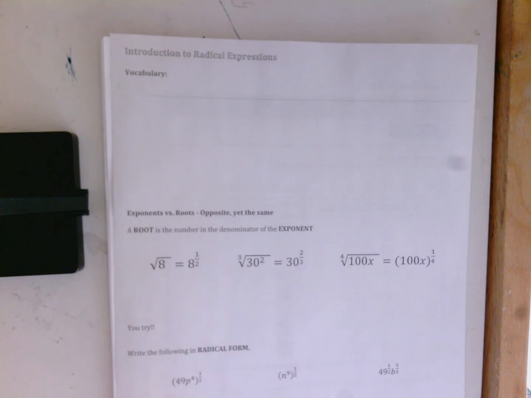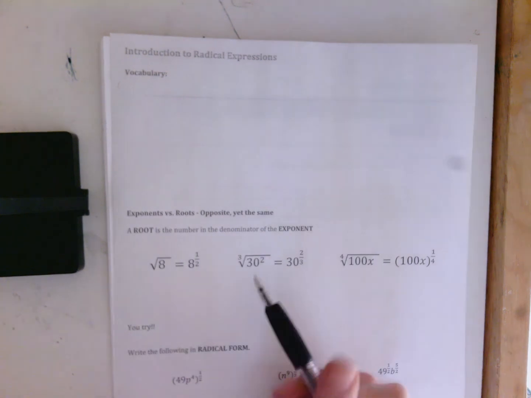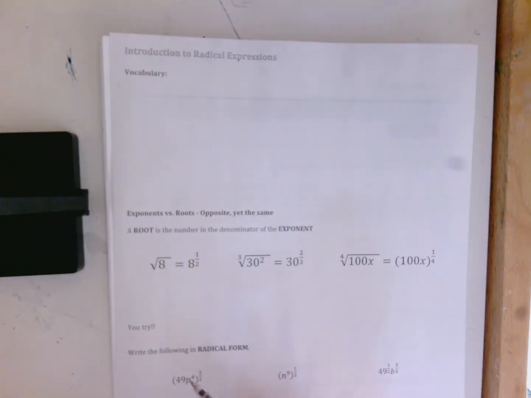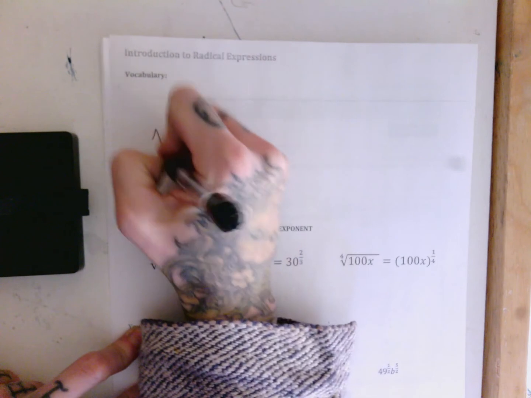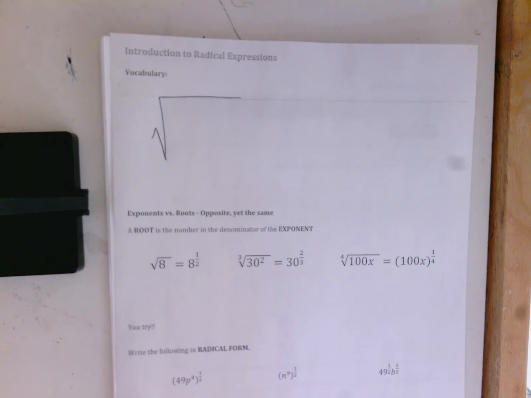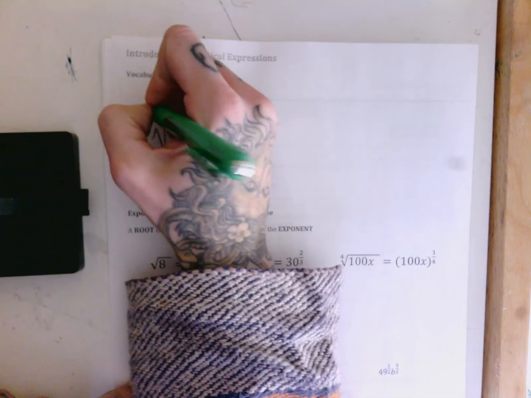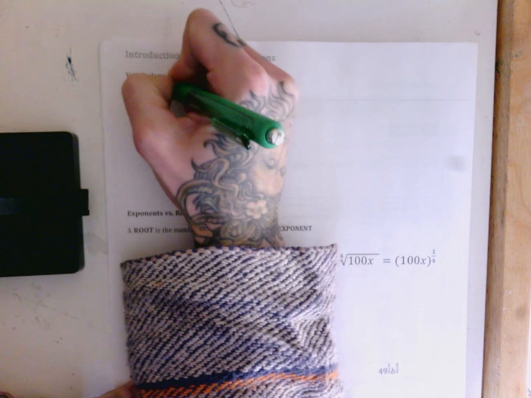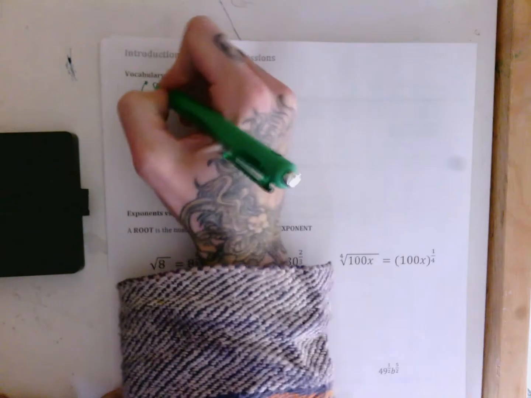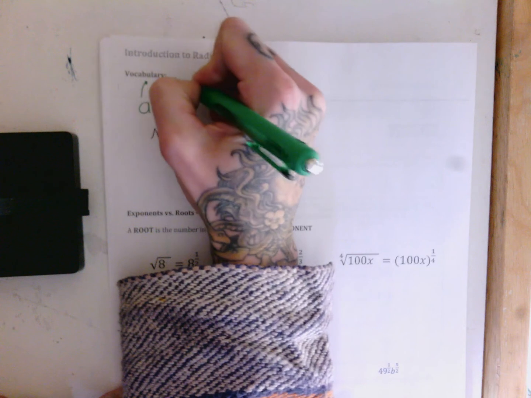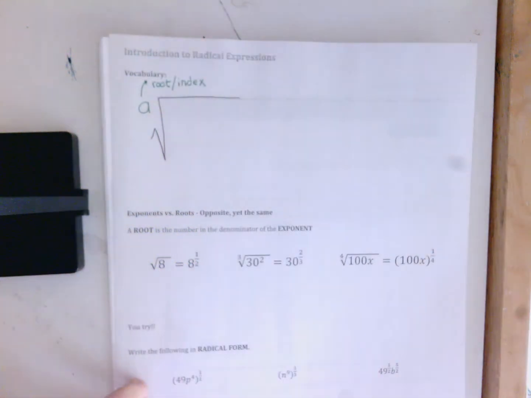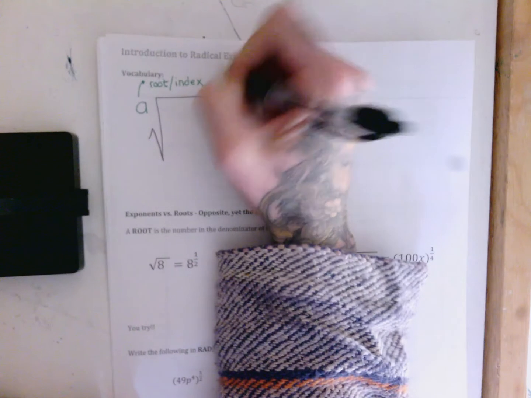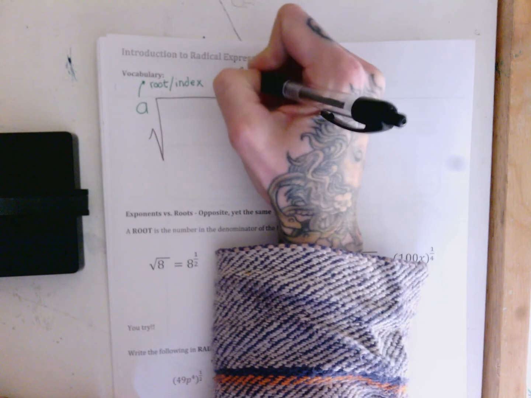Okay, so we are going to learn about radical expressions and how we can go from radical form to exponential form. So when I say radical form, I mean something where I have a root or an index, the radical sign, which is this little squiggly.